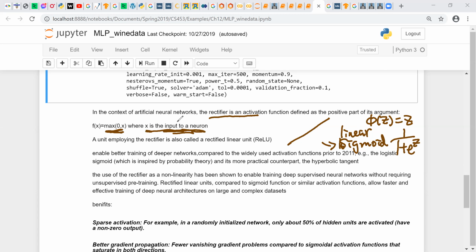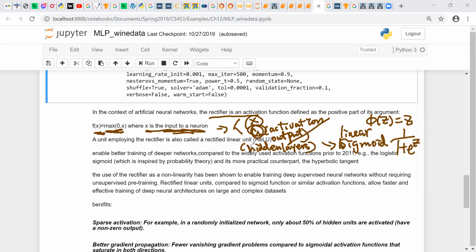So this can be X, and it can also be A, where A is the activation output, like the hidden layer. With all of the hidden layers, you don't have X, you can only have A, so be careful.